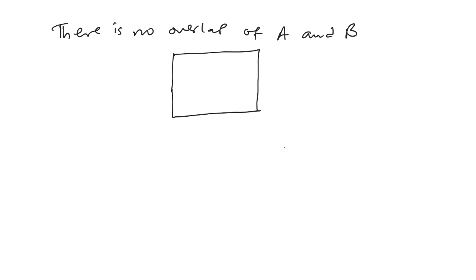If you look at this as a sample space S, then you have event A and event B in the sample space, but they can't overlap. That situation is what we call a mutually exclusive situation.